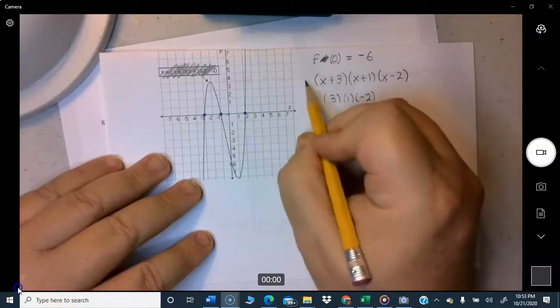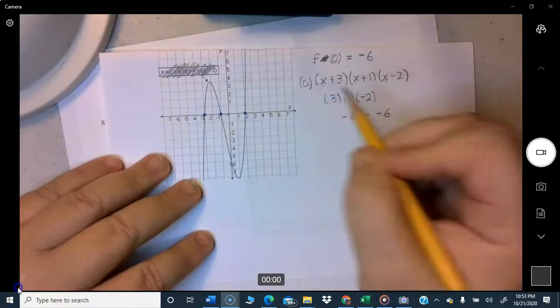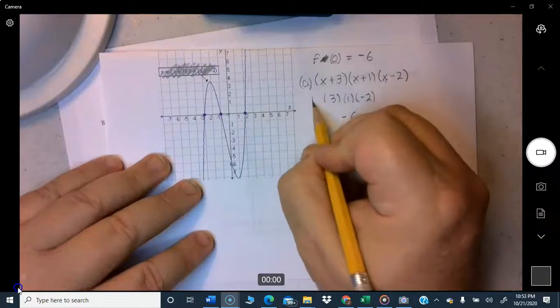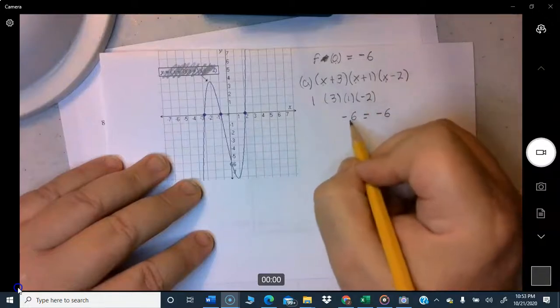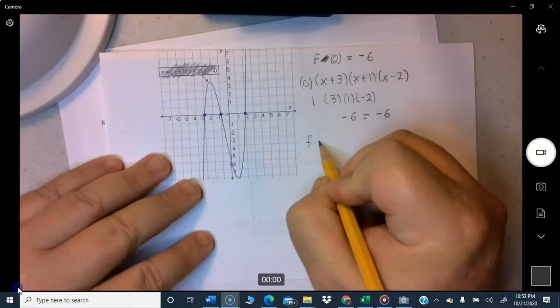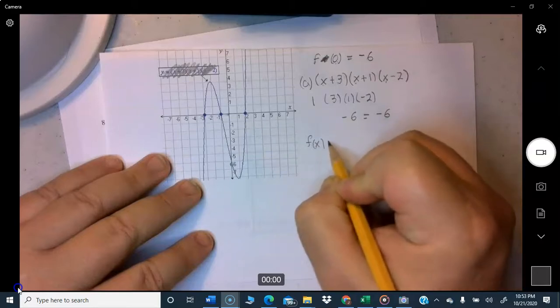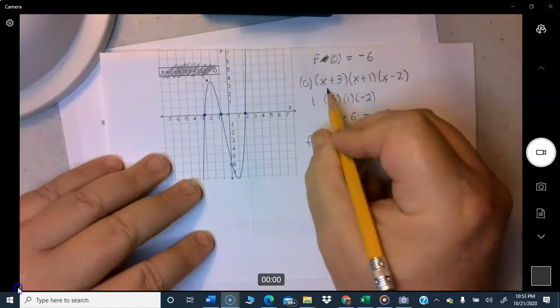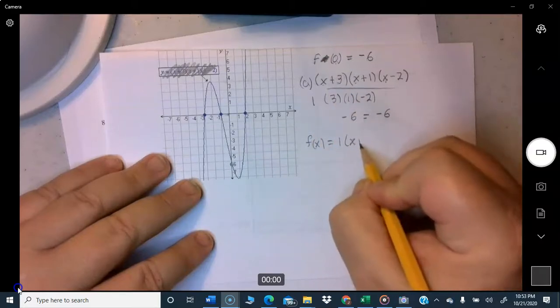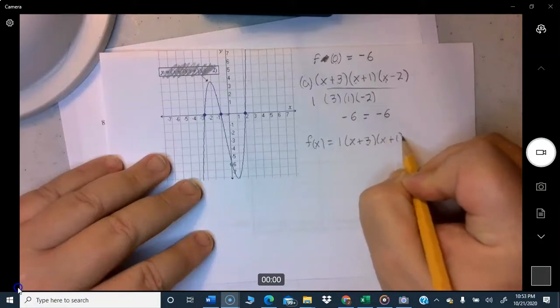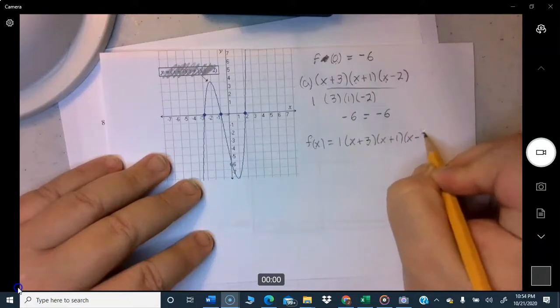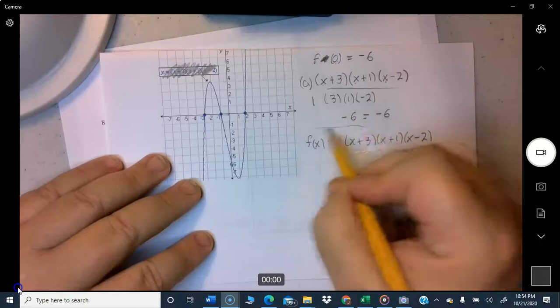So that means the a that's going to go out in front here is simply going to be 1, because 1 times negative 6 is going to give you negative 6. So your equation is going to be f of x equals 1 times, and then it's all these things again, x plus 3, x plus 1, x minus 2. And that's your final answer.